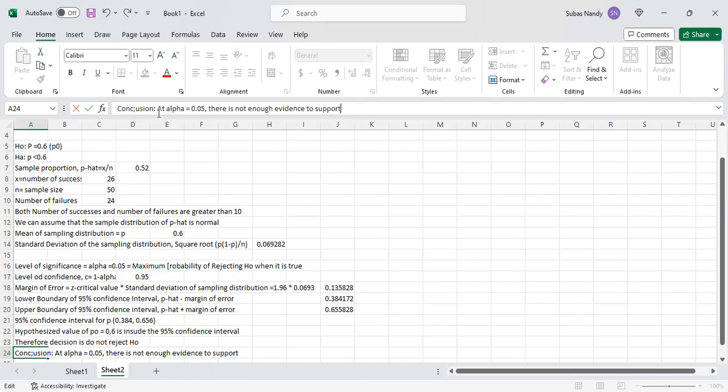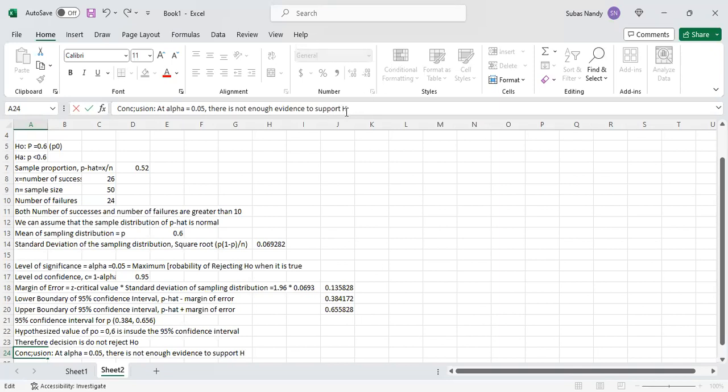Then we calculated the 95% confidence interval for the population proportion. And inside that interval lies 0.6, which is the hypothesized value P0 in the null hypothesis. Since it falls inside the confidence interval, we do not reject the null hypothesis. And therefore, at alpha equal to 0.05, there is not enough evidence to support H sub A, the alternate.